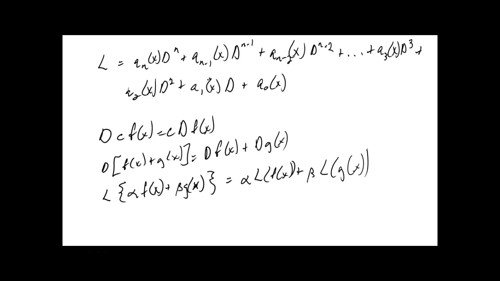Now, whenever this is the case, in whatever you're dealing with, whatever operator you're dealing with, whether it's D or L or any other operator, if it fits this criteria here, it's called a linear operator. And L is a linear operator, which is why we call it L. Now, any linear differential equation can be expressed in terms of the D notation.